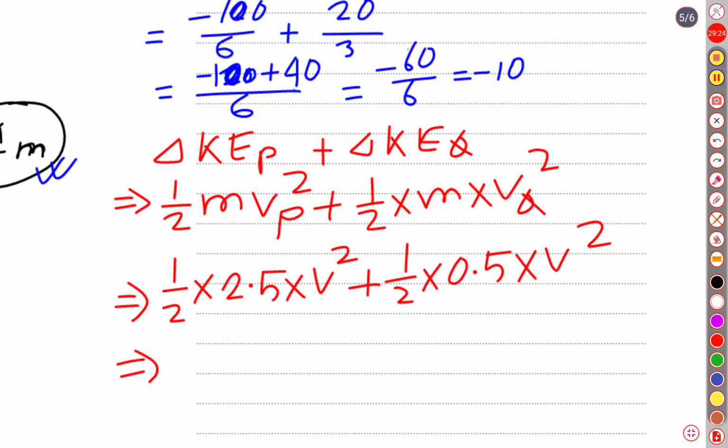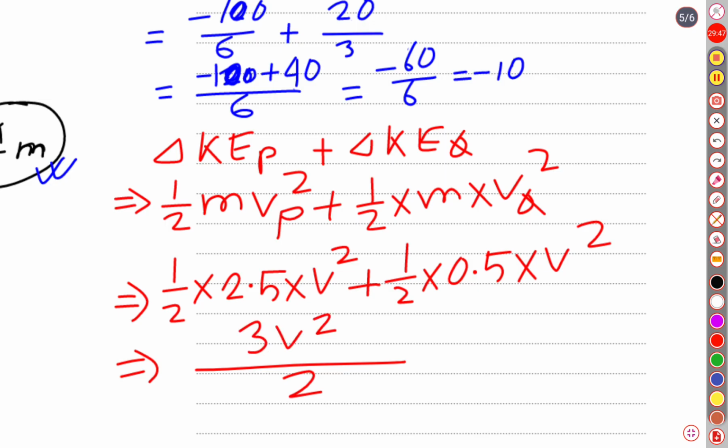So it is half of 2.5 v squared plus 0.5 v squared; adding 2.5 and 0.5, this is 3 v squared.